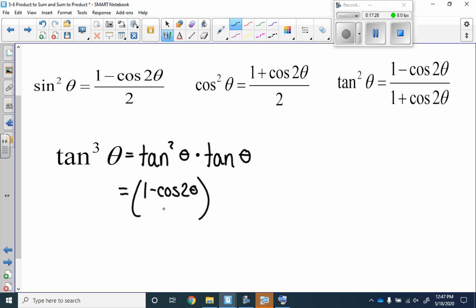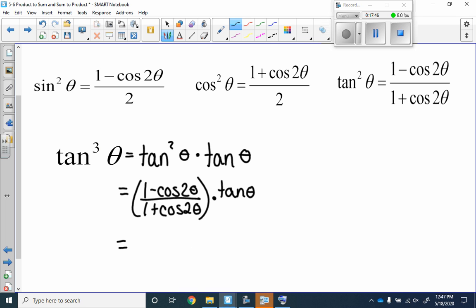So now when I look at what tangent squared theta is, I have 1 minus the cosine of 2 theta divided by 1 plus cosine of 2 theta. And as far as tangent goes, I can keep it as tangent. You could do sine over cosine, I suppose, if you wanted to.